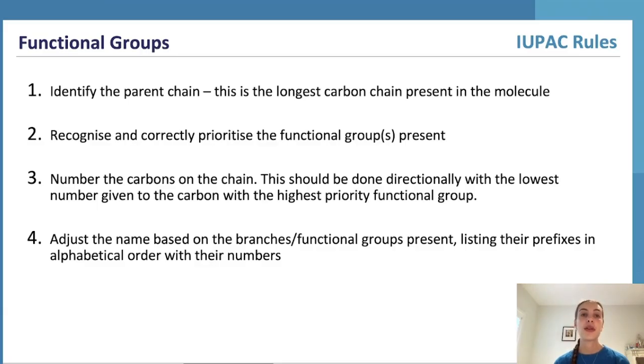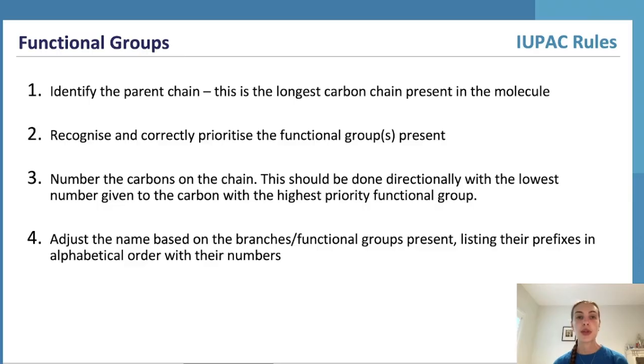So if we have a methyl group on the second carbon, we would name it 2-methyl and then the rest of the chain. If we had a methyl group and an ethyl group, as we're naming them in alphabetical order, we have to put the ethyl group before the methyl group.